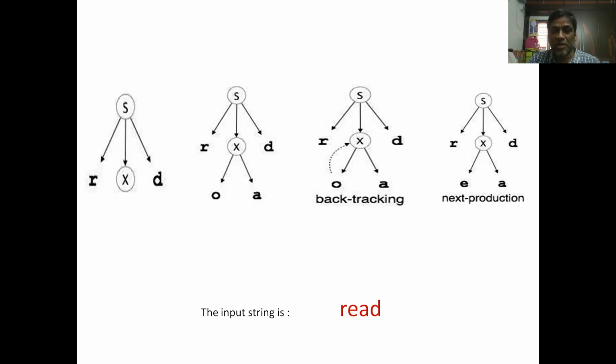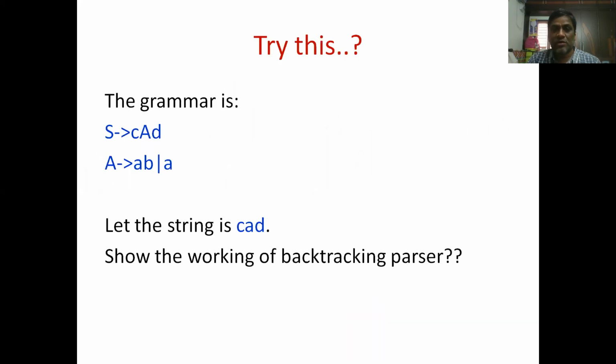So this is a task given for you. All of you note down this grammar. The grammar is S implies cAd and A implies ab or a. There are two variables, capital S and capital A, and four terminals, small a, small b, small c, small d.